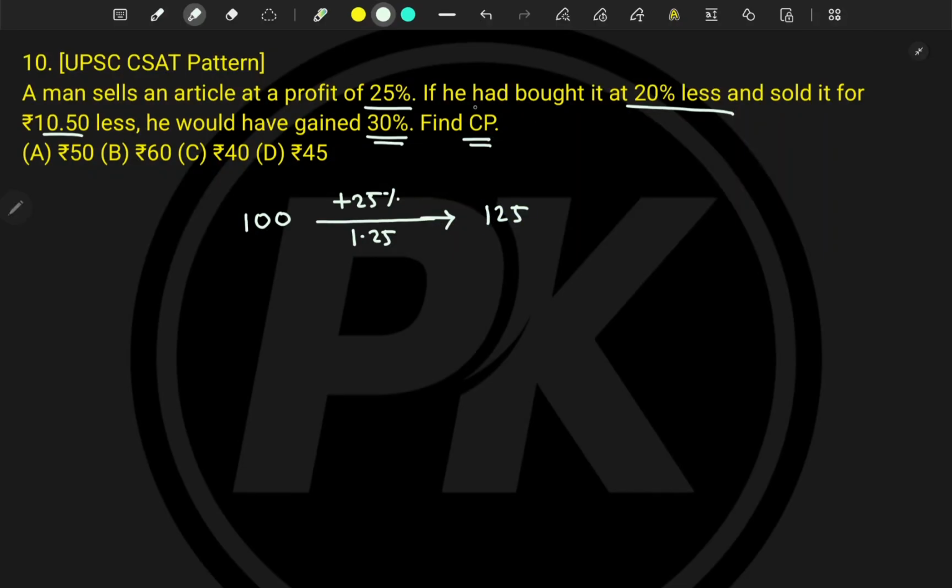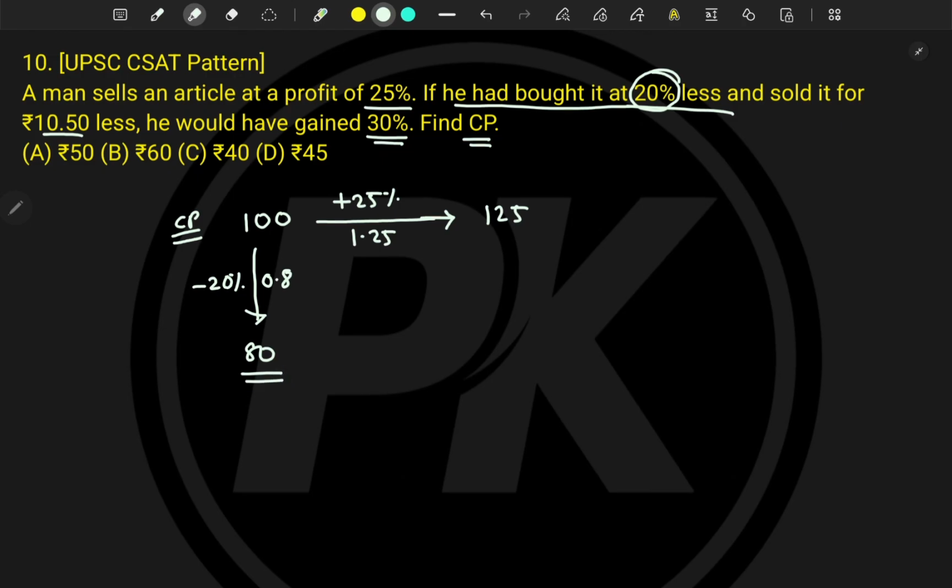But now what they are saying is, if he had bought it at 20% less, that means if the cost price itself was 20% less, if I reduce the cost price by 20%, then this new cost price will become 80.